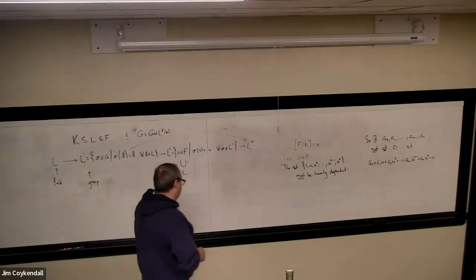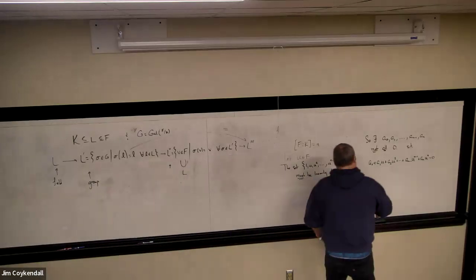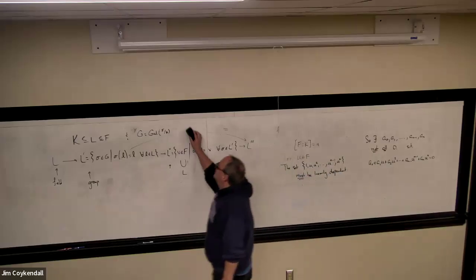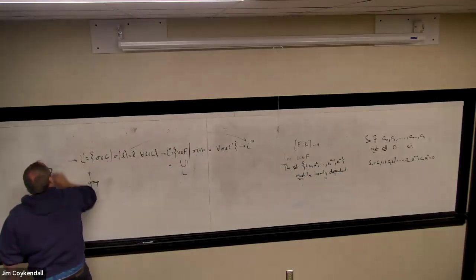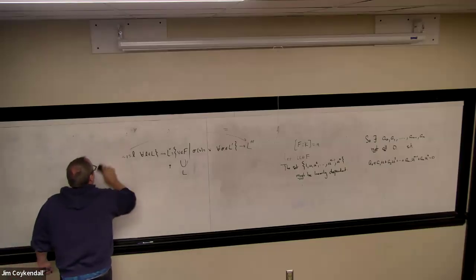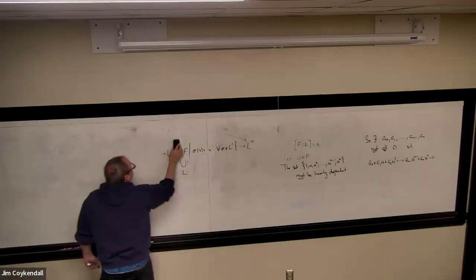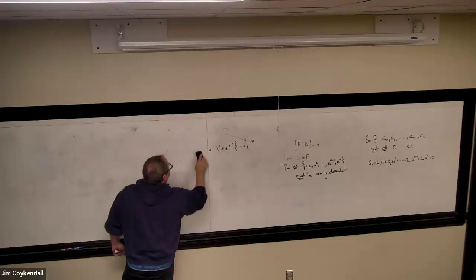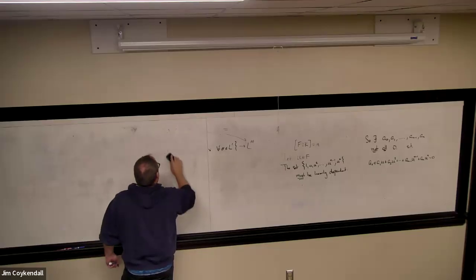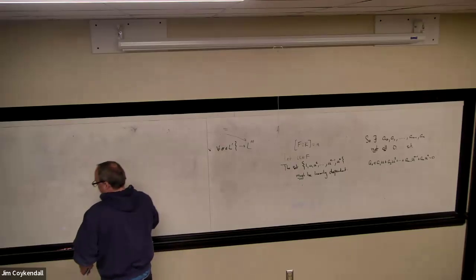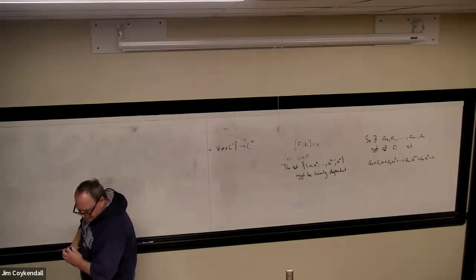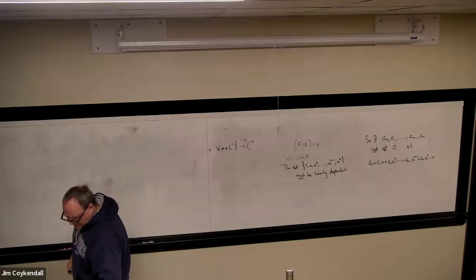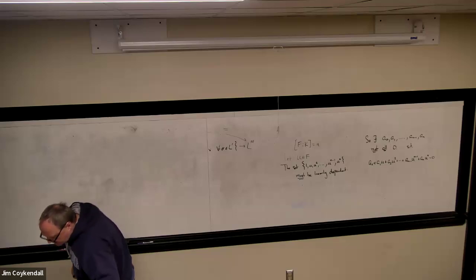Okay, so, yeah, there's a slick way that you can do this by quoting some theorems or whatnot. But I think I'm going to get my hands dirty here. Let F be a field, alpha a non-zero element.